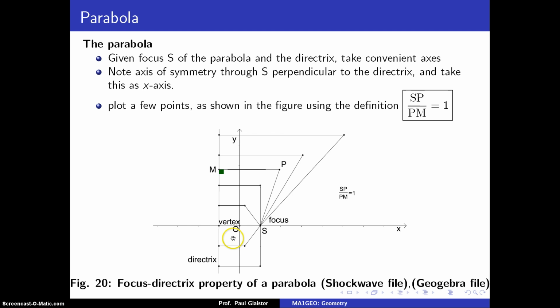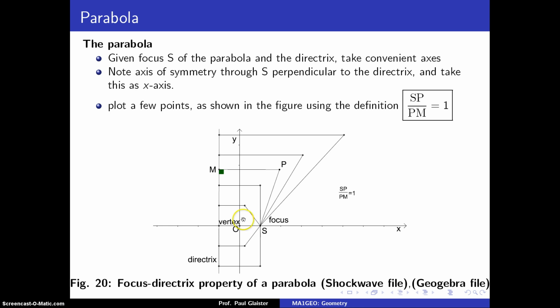Now clearly the point O, which is the origin, is the same distance from the focus as it is from the directrix, and because the ratio of the distances has to remain as 1, the vertex, the origin here as it's called, is a point on the parabola.